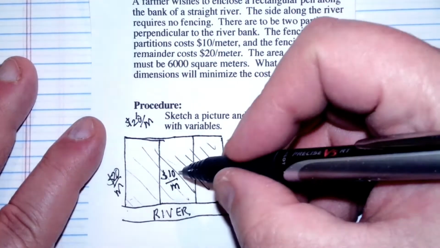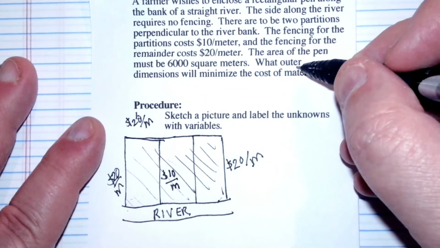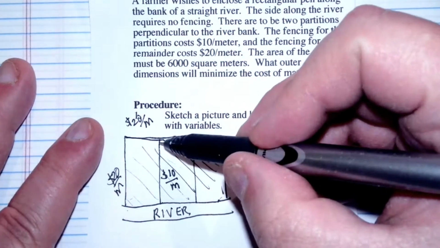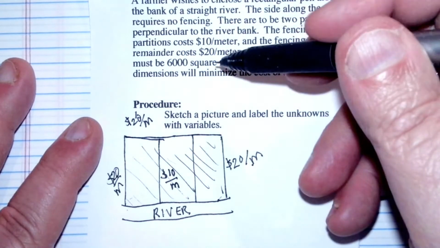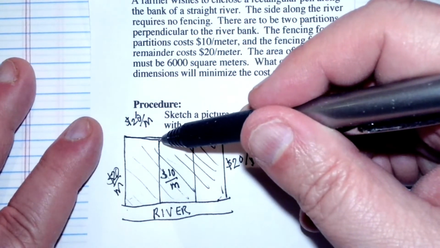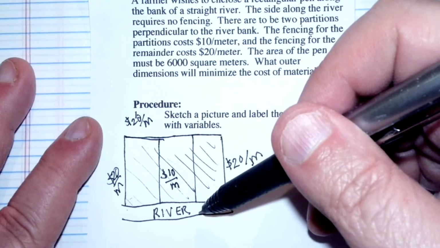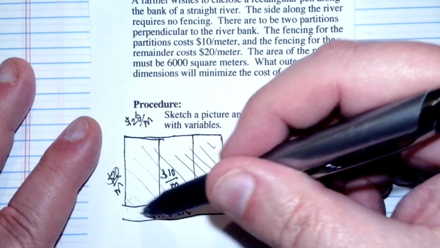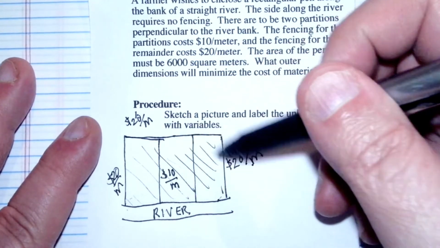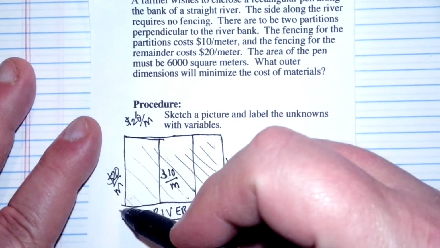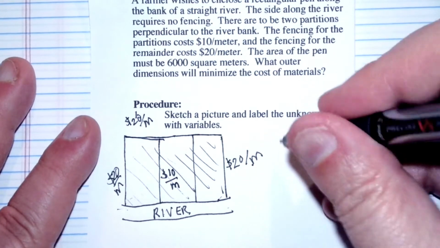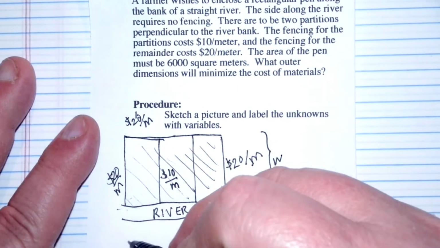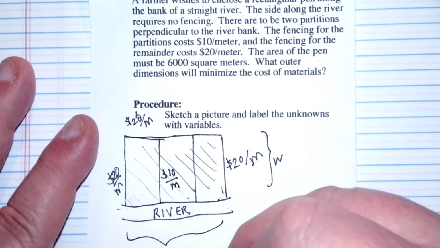Alright, so we're talking about a rectangle. We want to know what the outer dimensions are. Well, the dimensions of a rectangle are the length and the width. It doesn't say this in the problem, but I want you to assume that the area taken up by these two partitions is negligible. It's not enough to worry about. So we're just going to think of the area of this entire rectangle as being the length times the width. That's the width, and that's the length.